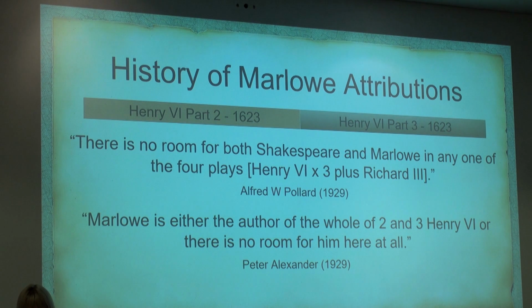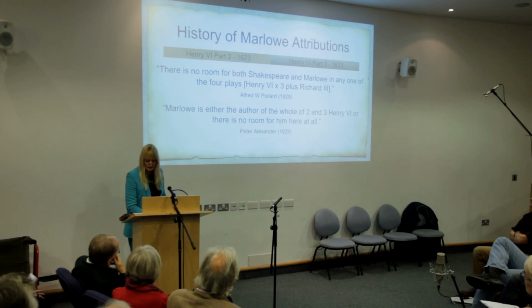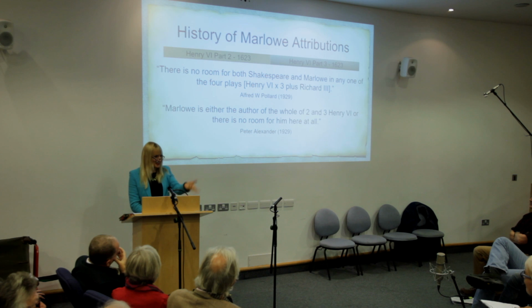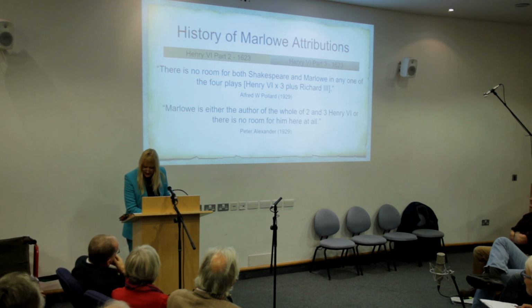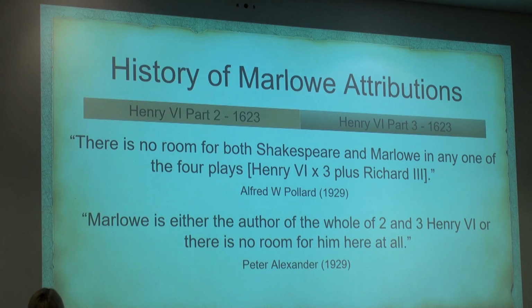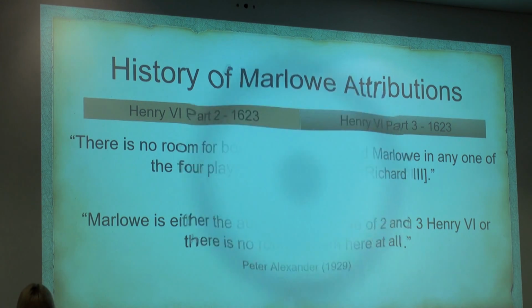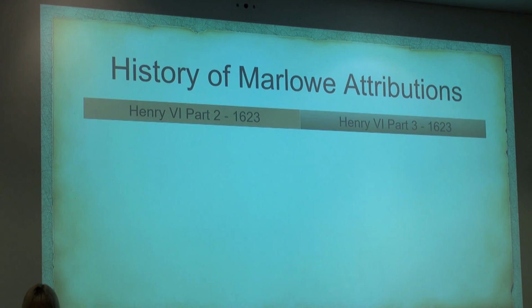Alfred W. Pollard, in the introduction to Peter Alexander's Shakespeare's Henry VI and Richard III, writing about those 4 plays, which form a sort of quadrology, is that how you'd say it? Tetralogy, there we go, thank you. I knew there was a word for it. Pollard wrote that there is no room for both Shakespeare and Marlowe in any one of the 4 plays, echoing the words of Peter Alexander himself.